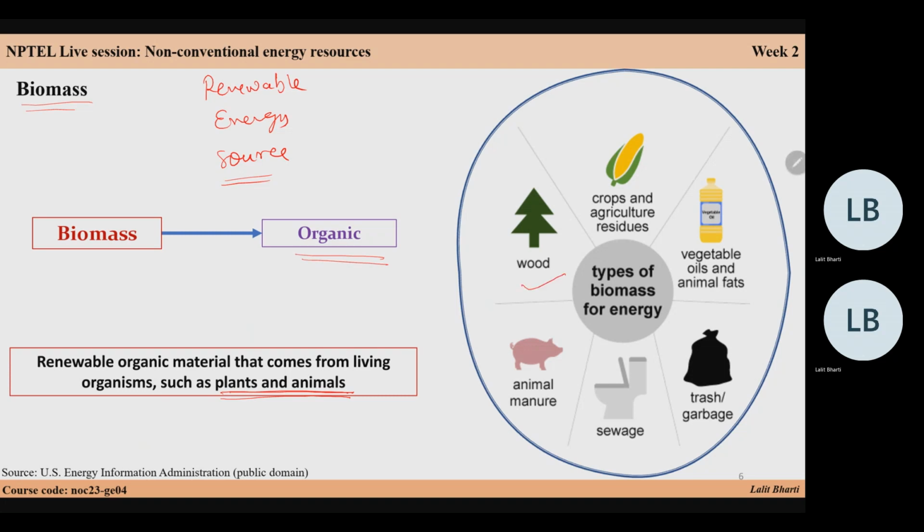It can be wood, crops, agriculture residues produced side by side in agriculture, vegetable oils, animal fats, the organic garbage we throw away, the sewage produced by humans, and animal manure. All of these come in the biomass category.